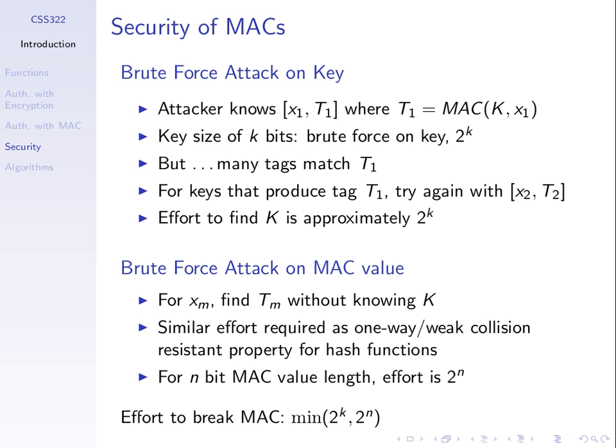The first approach depends upon the length of the key. The second approach depends upon the length of the MAC value. So we measure the strength of a MAC function based upon the minimum of those 2. That is, the attacker takes the easiest approach.